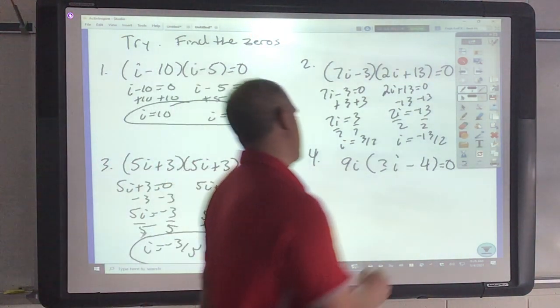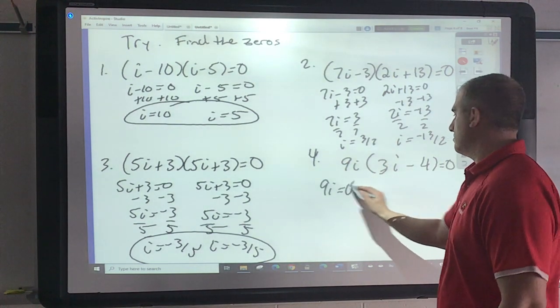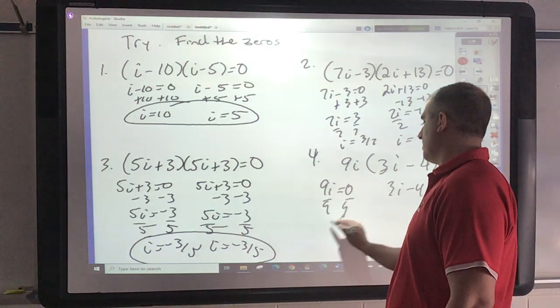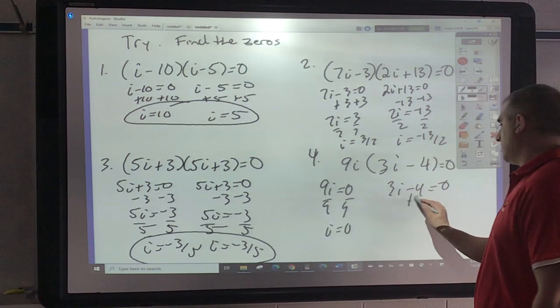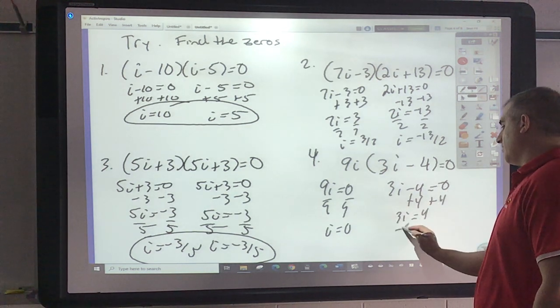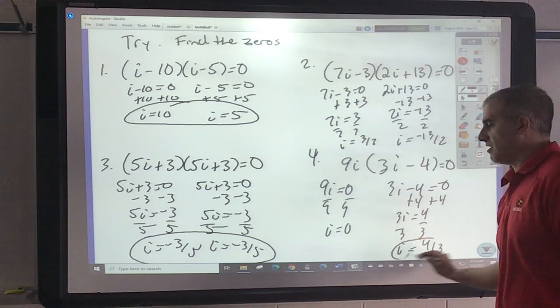And then these, I'd set these equal to 0, and this equal to 0. So that's going to be 0 and 4/3. Okay, pretty easy stuff there.